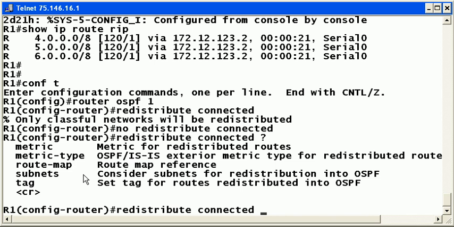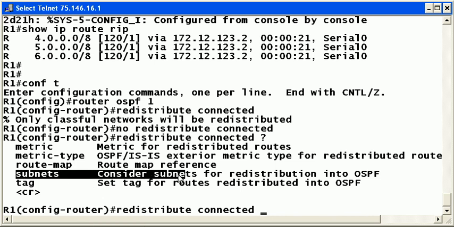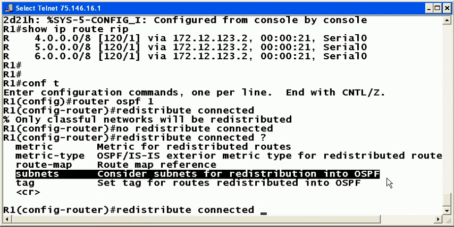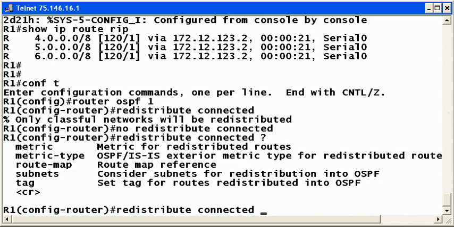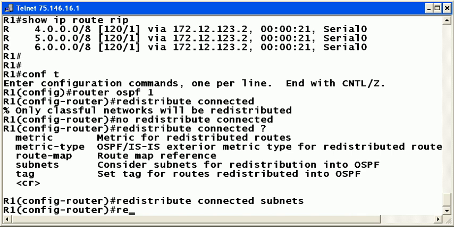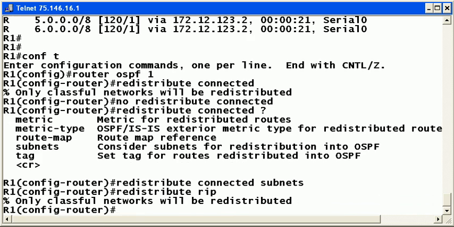We really want to include this: subnets. Consider subnets for redistribution into OSPF. So we're going to put subnets there. And the same thing would happen if I put redistribute rip and then hit enter. It's going to say only classful networks will be redistributed.